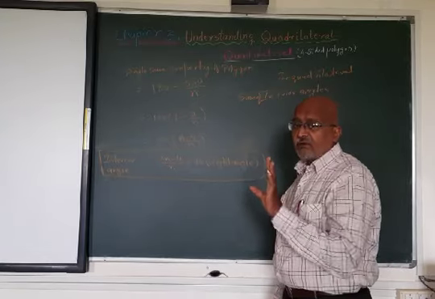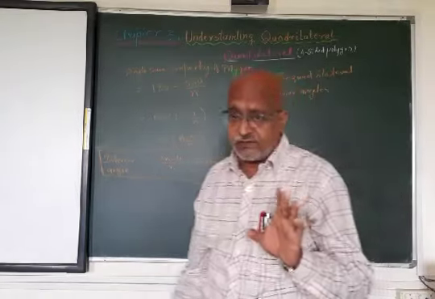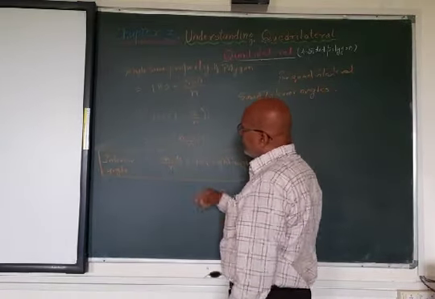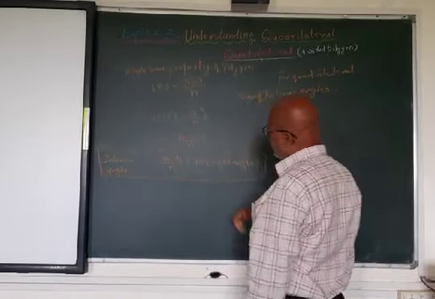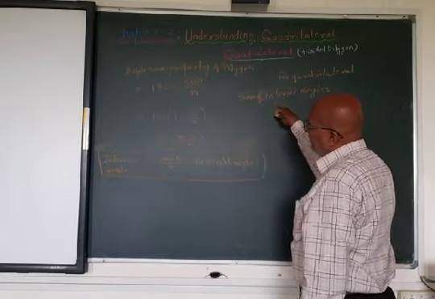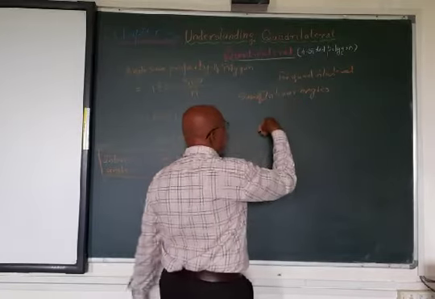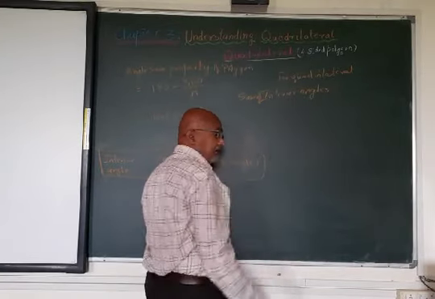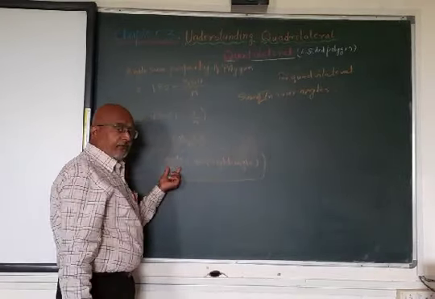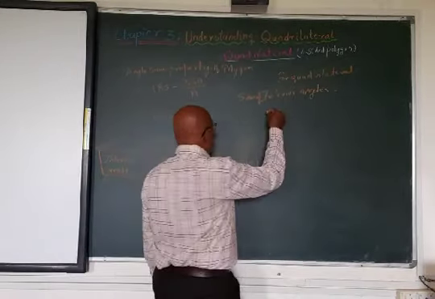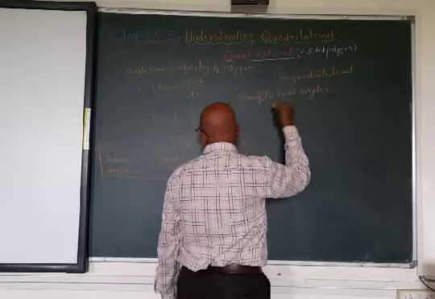So if I multiply that by 4, what do I get? Because there are 4 sides and 4 angles obviously. So I will remove this n for the sum of interior angles.